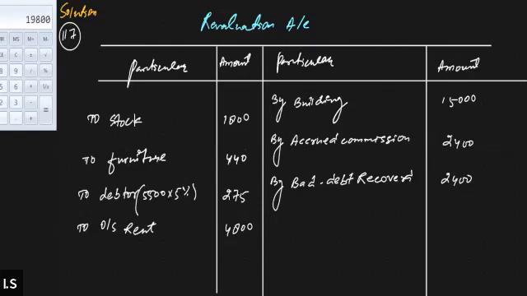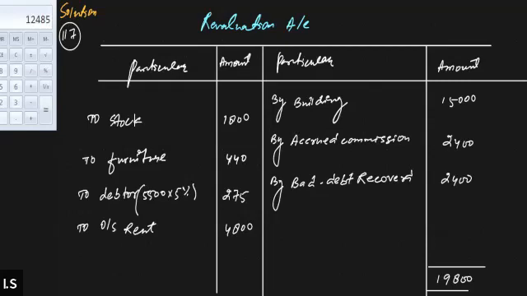So 19,800 is the sum total of the credit side values. Out of 19,800 we need to subtract 1,800, 440, 275, and 4,800, and after subtracting all these values we will get 12,485.